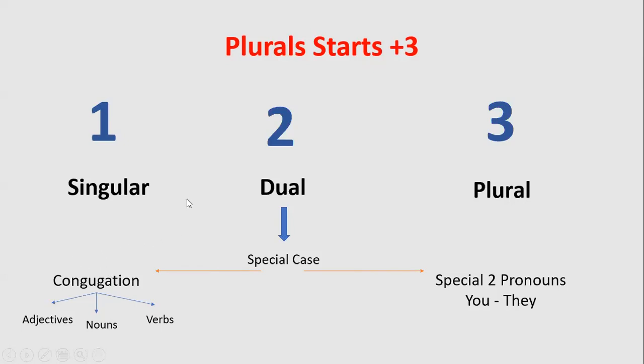We will talk about this later in the coming lessons, but for now you should know that number two has its own case, like singular, like plural. So whenever you are talking about two things or two people, don't use plural as in English or as in other languages. Just remember that there is a special case for number two.